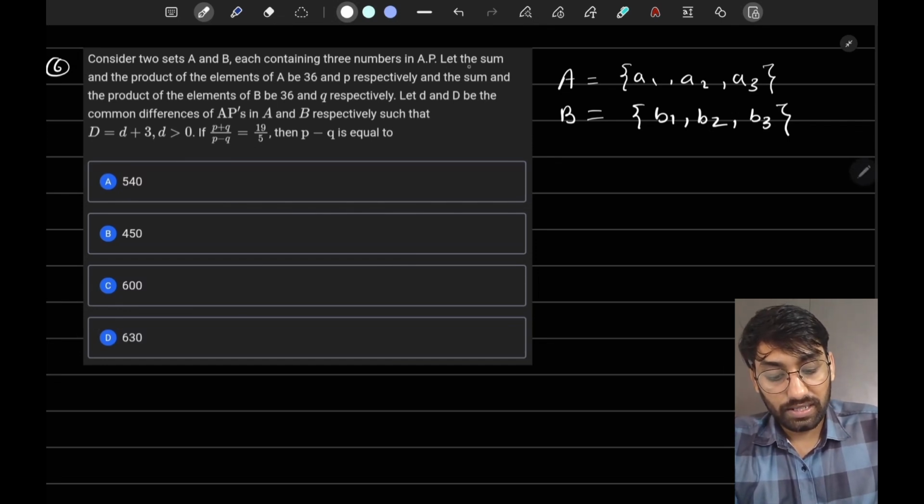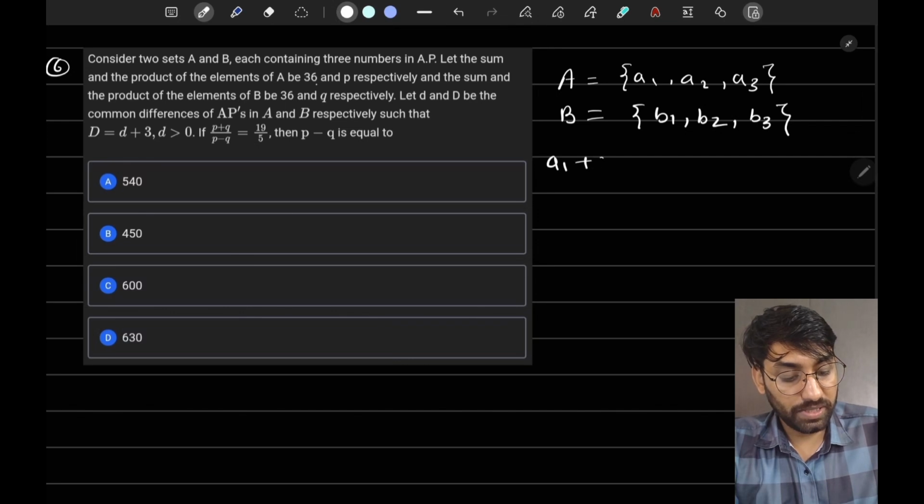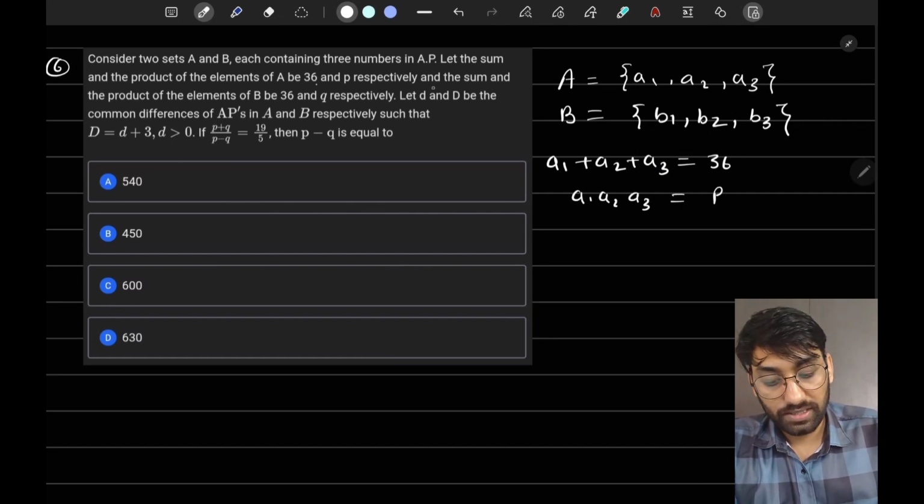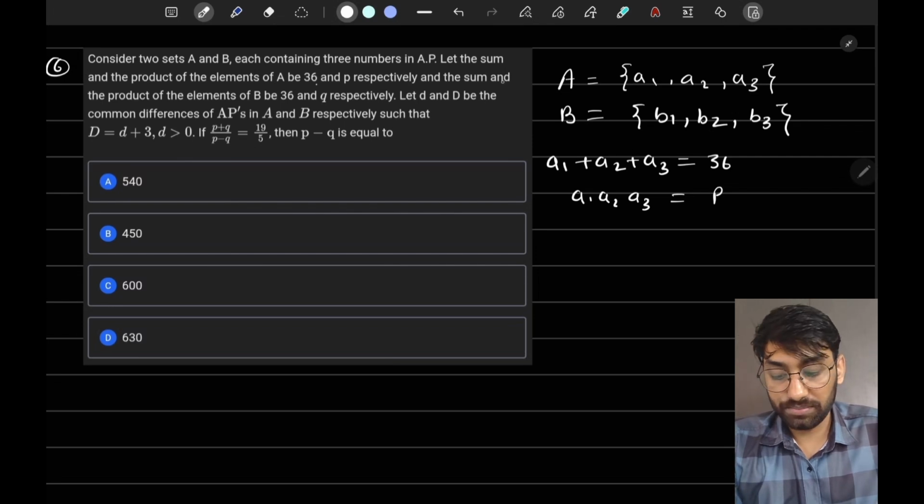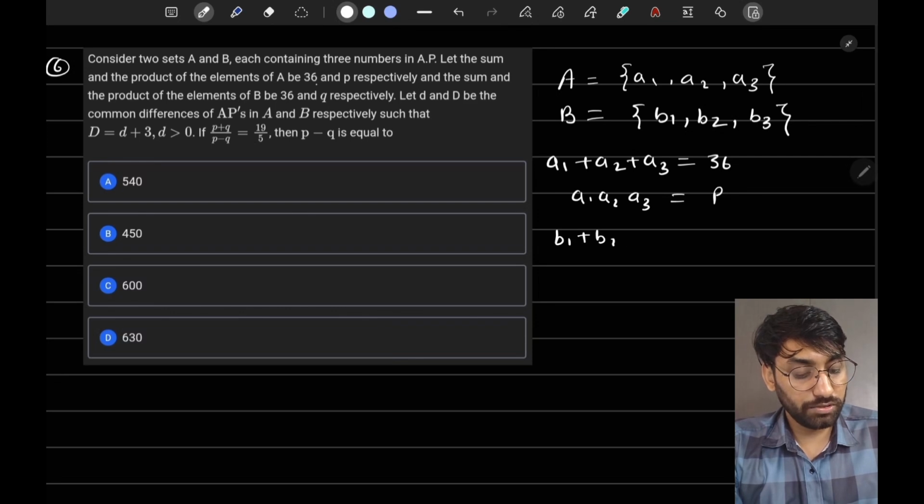Then let the sum and product of the elements of A be 36 and P respectively. It means A1 plus A2 plus A3 equal to 36 and A1 into A2 into A3 equal to P. Correct? Similarly, the sum and product of the elements of B, they are saying the sum is 36. It means B1 plus B2 plus B3 equal to 36.